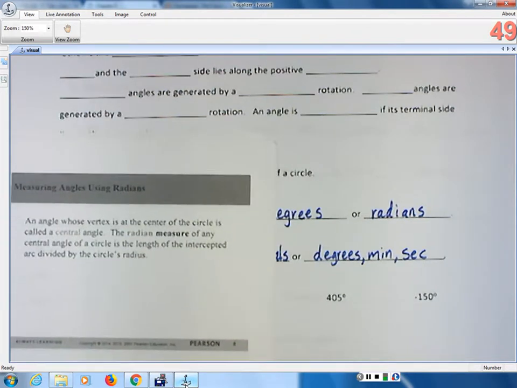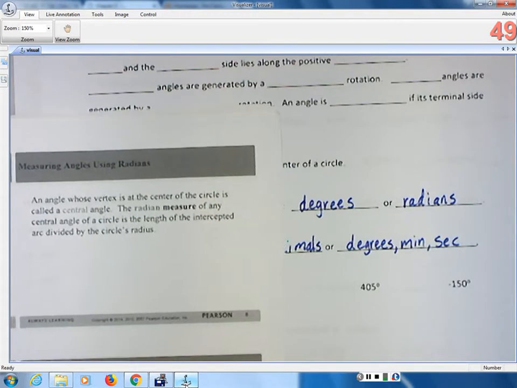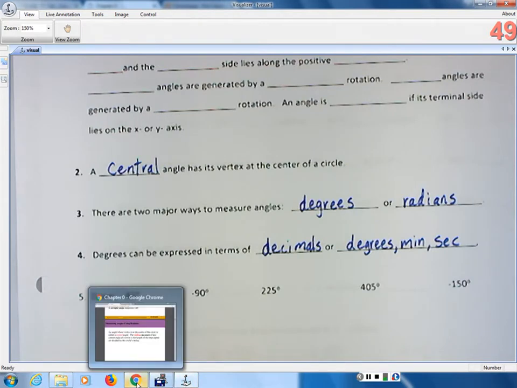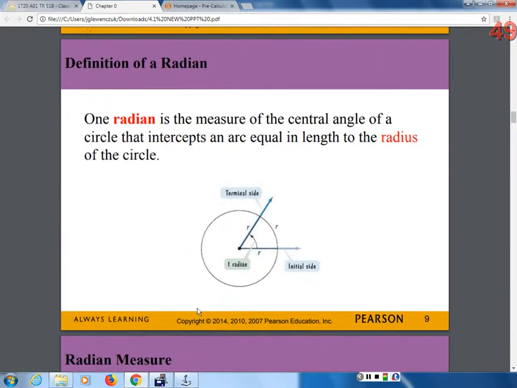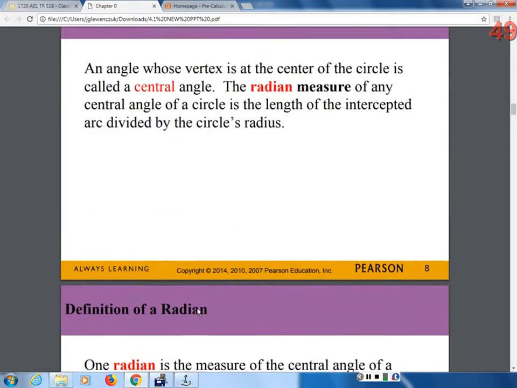Oh gosh. Sorry, guys. All right, let's see what. Okay, so we do have, did we have the definition?